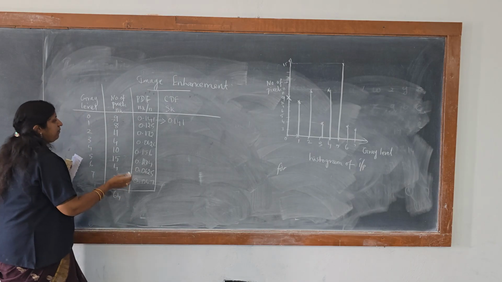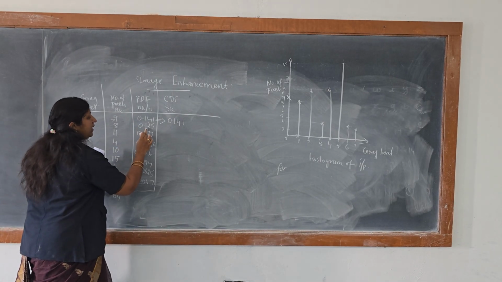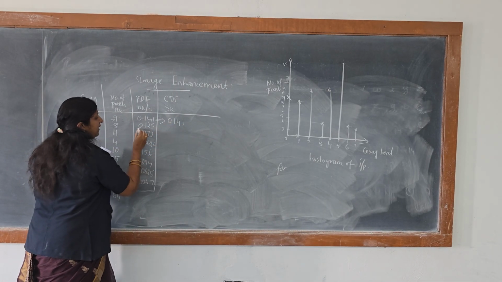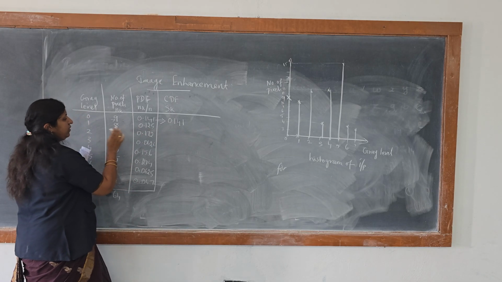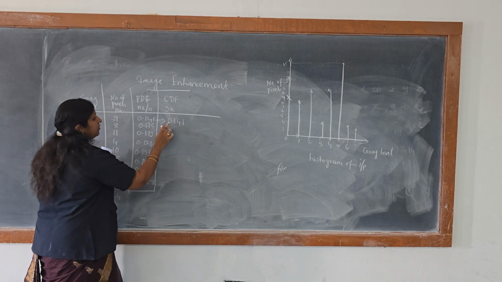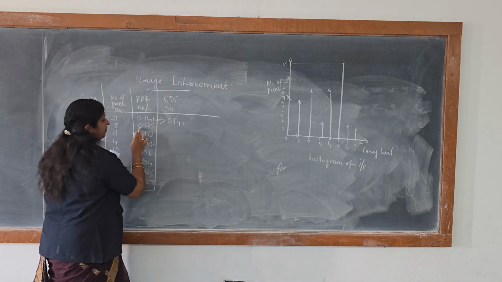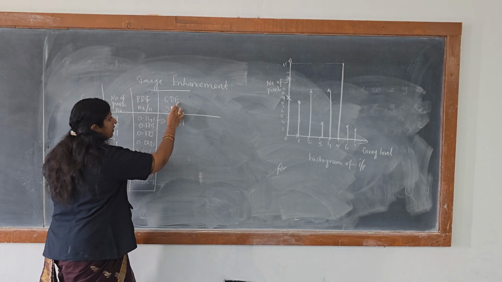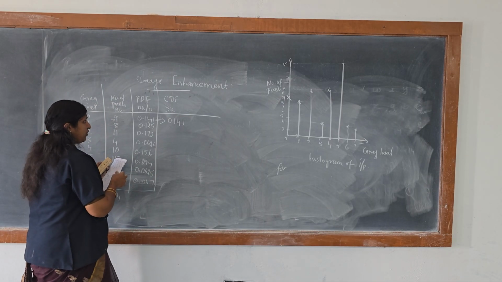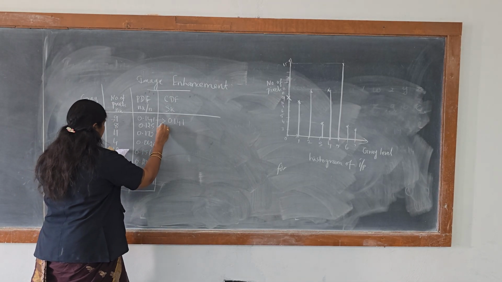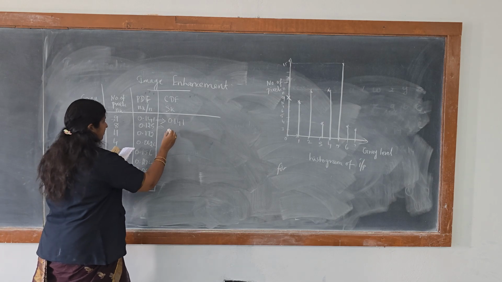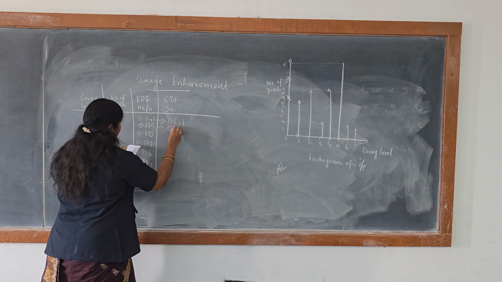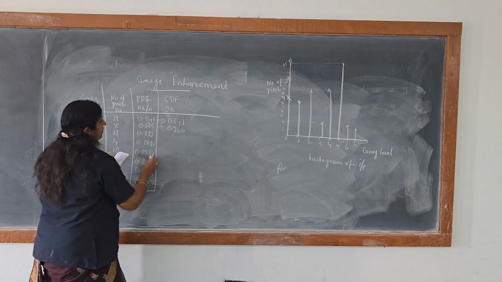0.141. But for the next one, we add the PDF value of the next gray level. So 0.141 is added with 0.125, and you will get the new cumulative density value, 0.266.